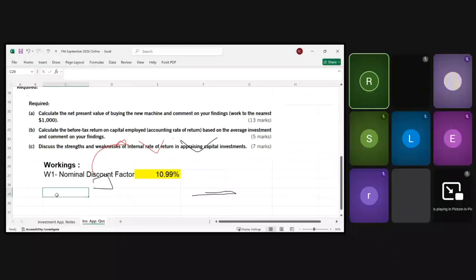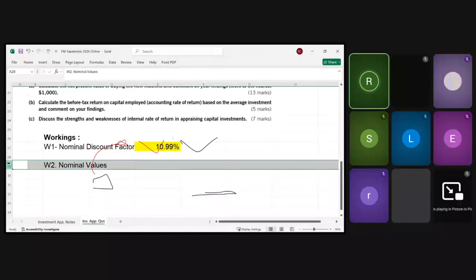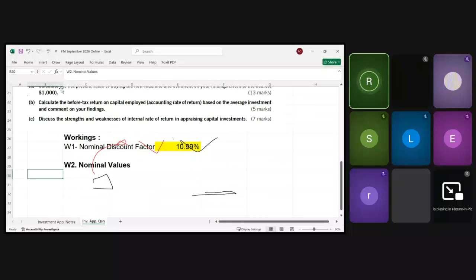Working 2, I want to calculate my nominal values. I want nominal values of selling price, variable cost, and fixed cost. Okay, so let me have my year somewhere here.